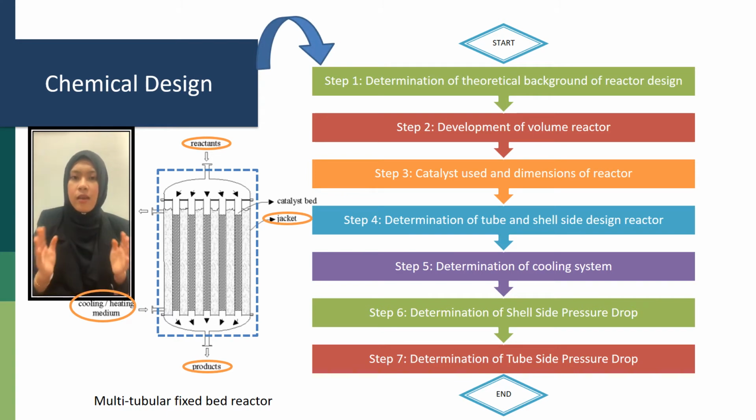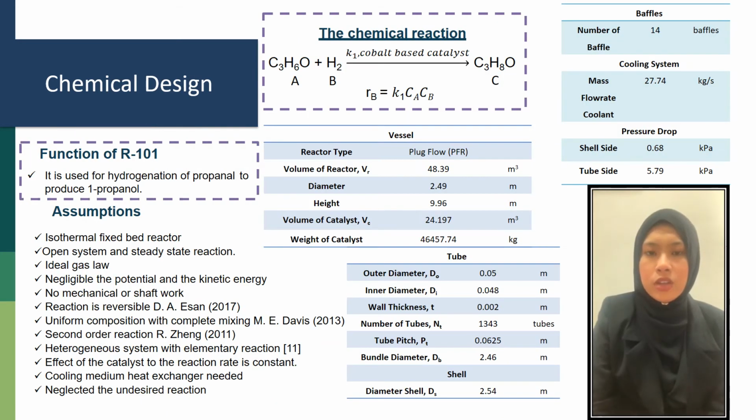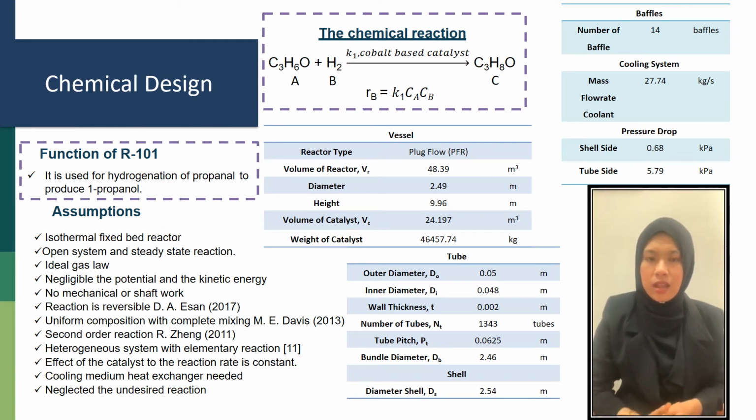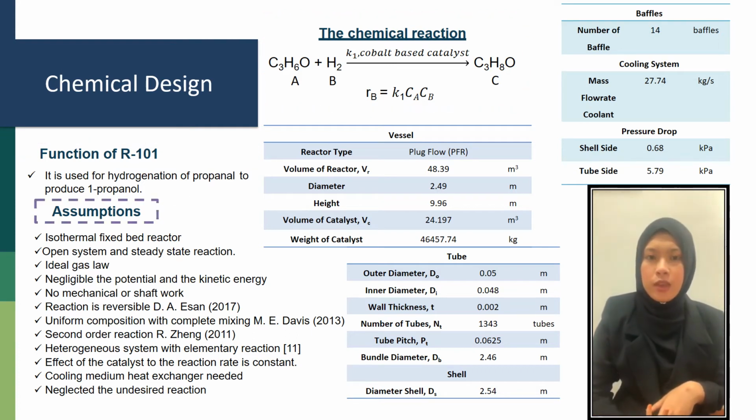These are the steps in order to design the reactor for chemical parts. The function of this reactor is for the hydrogenation of propanal and hydrogen to produce one propanol with the help of cobalt catalyst. A few assumptions have been made, such as a reversible reaction, heterogeneous system, and second-order reaction. A stoichiometry table is used to determine the concentration of reactant.